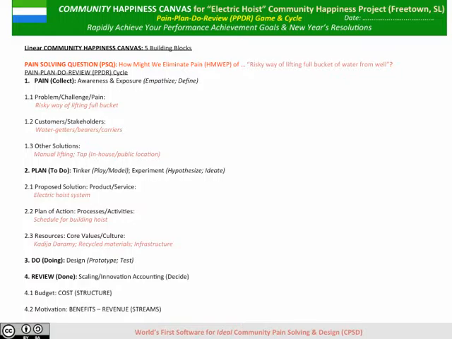So in item 1.1, the problem, challenge, or pain is described as a risky way of lifting a full bucket of water. And the people who are affected by this pain are the water getters, bearers, or carriers.